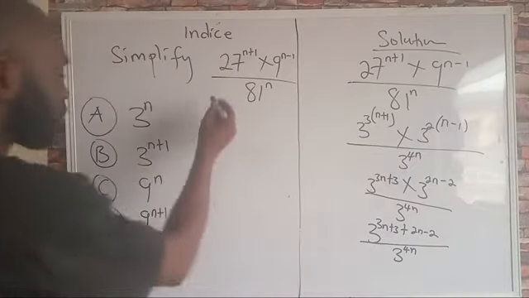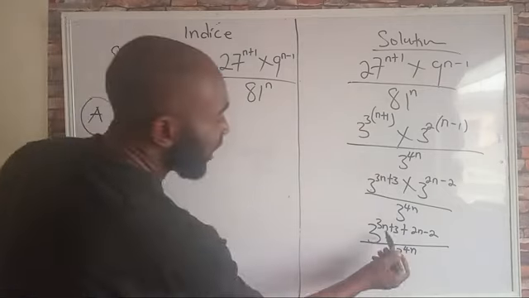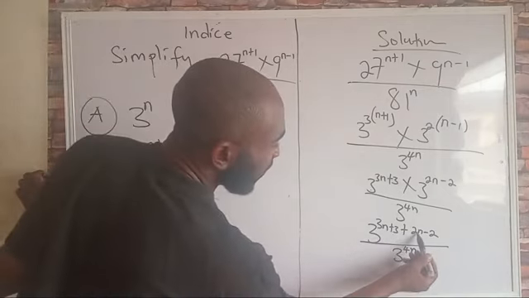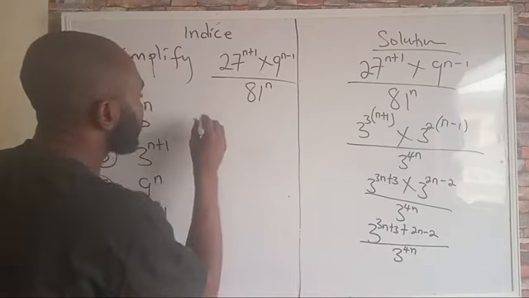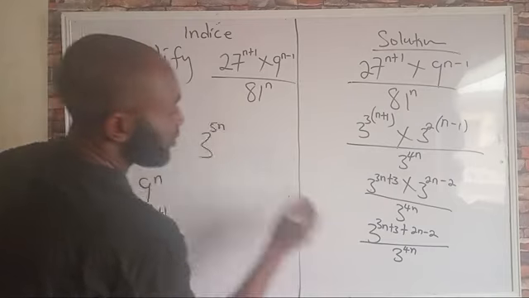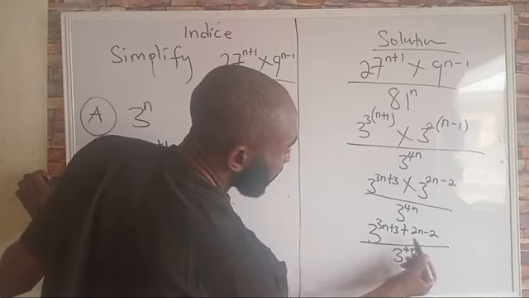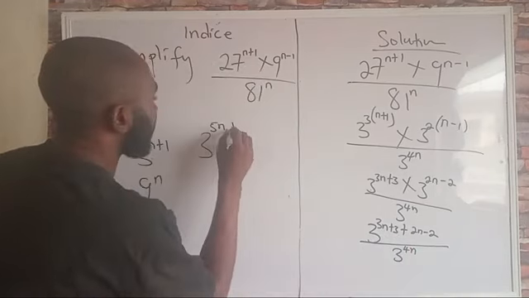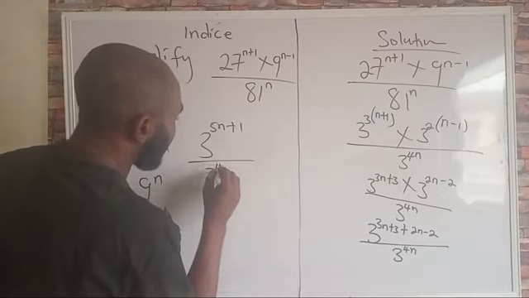So guys, let's continue it here. If you add 3n plus 2n, I'll keep the common base, that is 5n. 3 minus 2 will give me 1, all over 3 raised to the power of 4n.